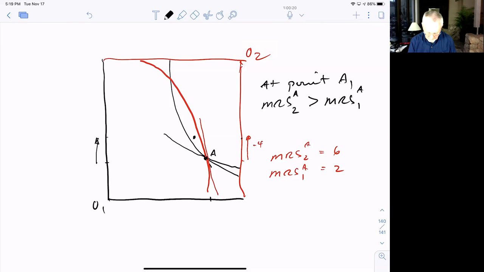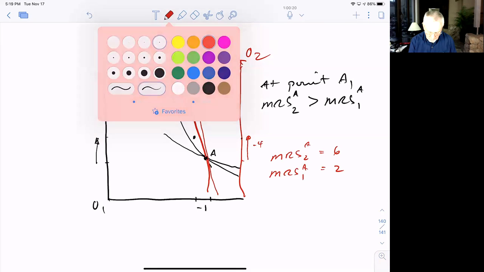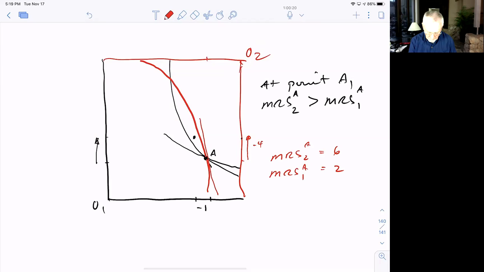So person 1 has 1 fewer unit of X, but that means then that person 2 has 1 additional unit of X. Right, so what one person trades away, the other person gets. What one person gets, the other person must trade away.